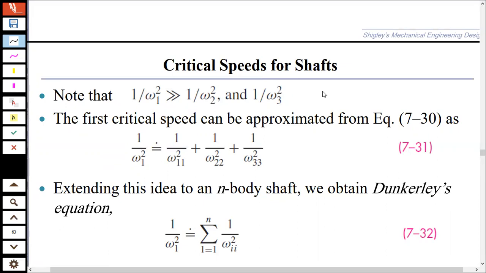So the first critical speed basically arrives earlier, that is the first one, the lowest speed.